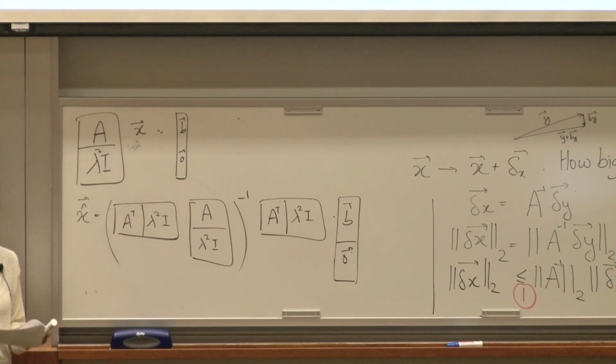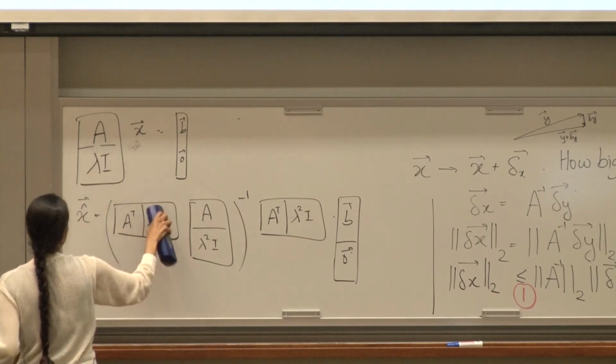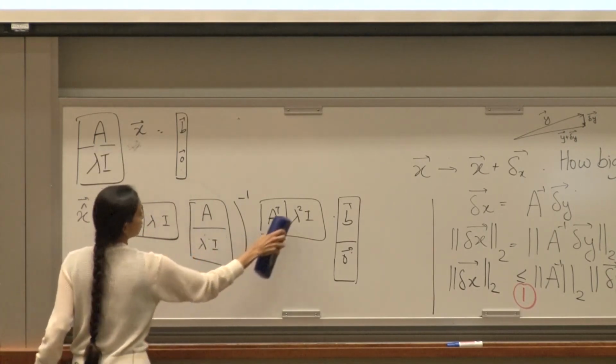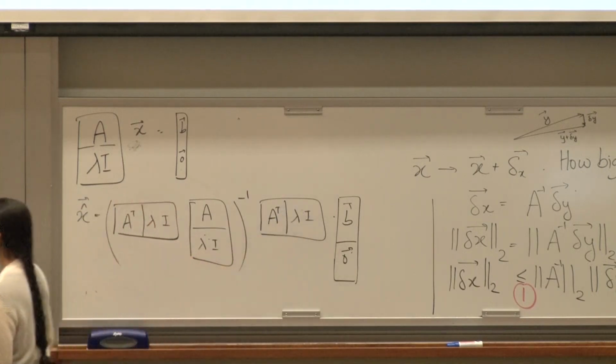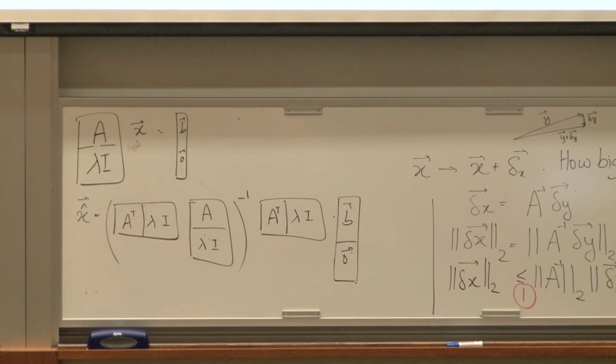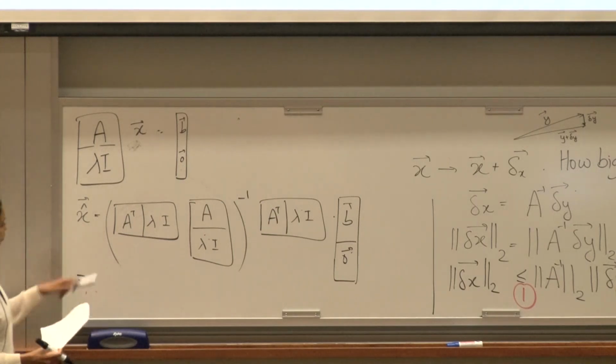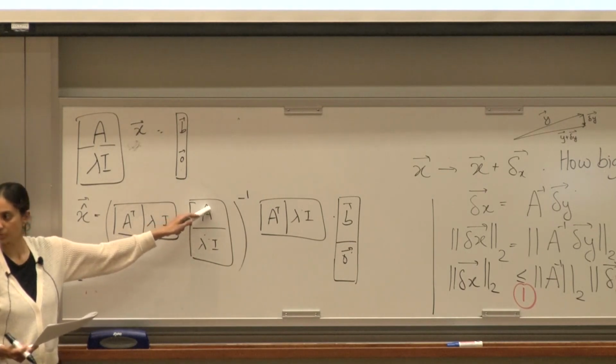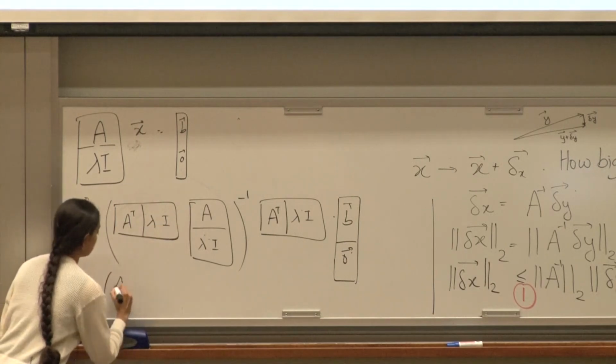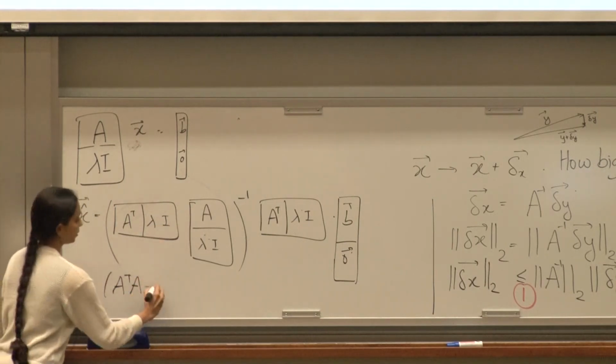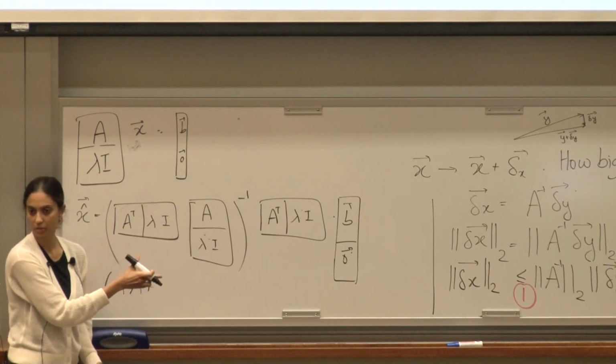Actually, just for matching everything, I won't put a squared here. I'll just make lambda positive, but put just a lambda here. It doesn't change anything. But now when I multiply this out, this hits this, block matrix multiplication. So I get A transpose A plus, what's the other term in this matrix multiplication?